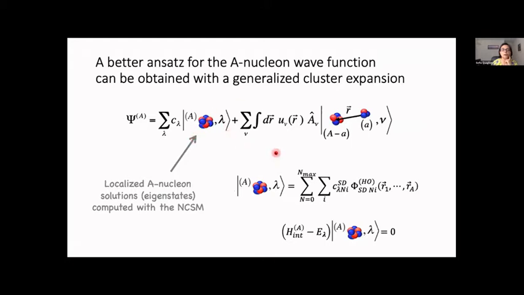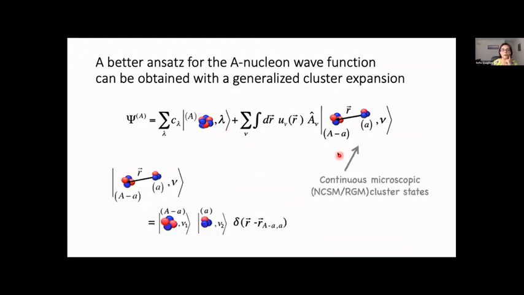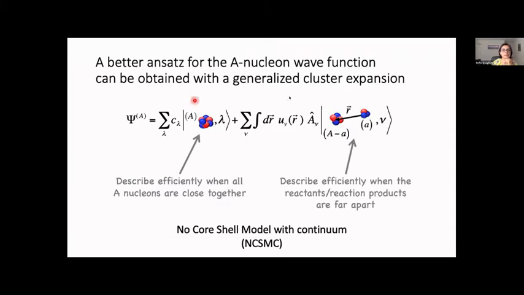And then we have, as before, an expansion in continuous microscopic cluster states that are obtained within the no-core shell model resonating group method. Now, this generalized cluster expansion has the advantage that the no-core shell model eigenstates describe efficiently the situation when all nucleons are close together and the short-range many-body correlations of the system.